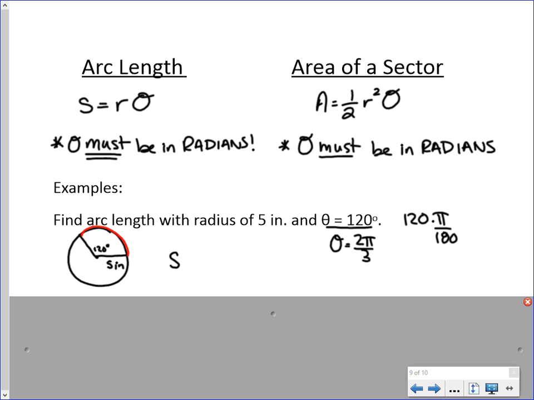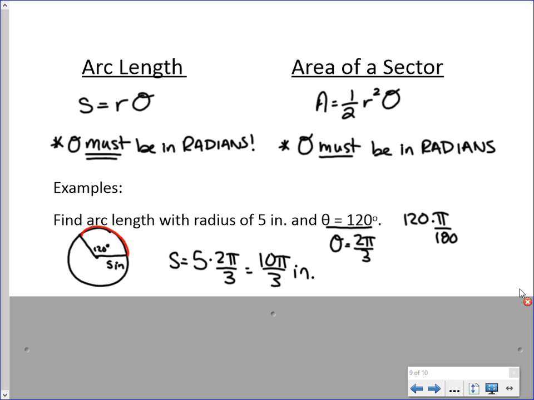So then I can do the arc length very simply. It's just the radius times 2 pi over 3. And I'm perfectly fine with 10 pi over 3 as long as that fraction is reduced. Now if you want to know the exact length, like you're talking about distance on the earth or something like that, you probably want to put it into decimal to make sense.